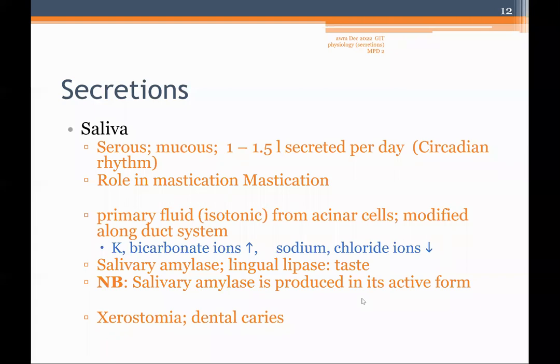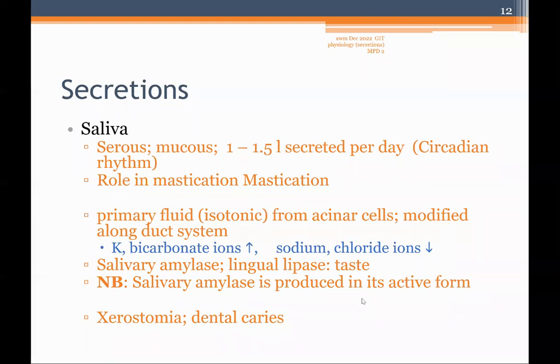And in exchange for those, you're going to get the sodium and chloride ions being absorbed and being taken out from the saliva, or from the primary fluid, back into the body, into the bloodstream, and being circulated, so that you have a change in the tonicity of the saliva. So you have primary fluid, which is isotonic with blood, and then it is modified and it becomes hypotonic.